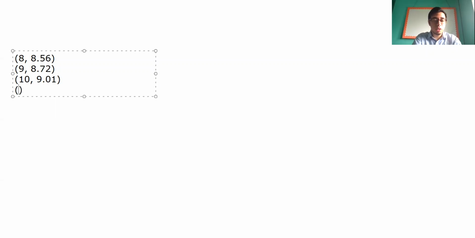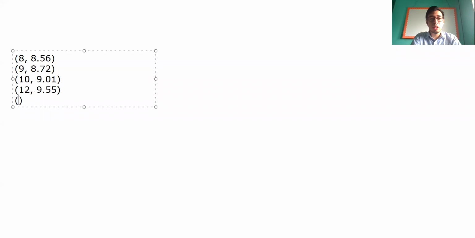The fourth one is 12 and 9.55. The fifth one is 14 related with 10.03. Okay, this is what you have, the input weight and the output cost.